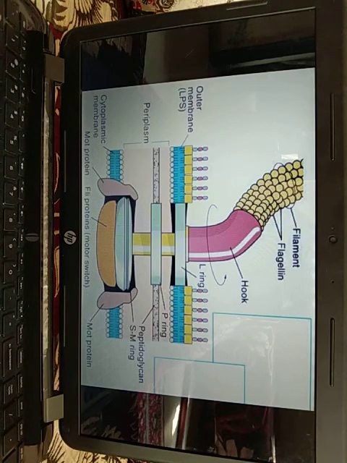Fimbriae are involved in attaching bacteria to a solid surface, for example a rock in a water body, or to host tissue, for example the urinary tract in Neisseria gonorrhoeae. Some fimbriae cause agglutination of the RBCs, that means clotting of the RBCs. They also help in mutual clinging of the bacteria.